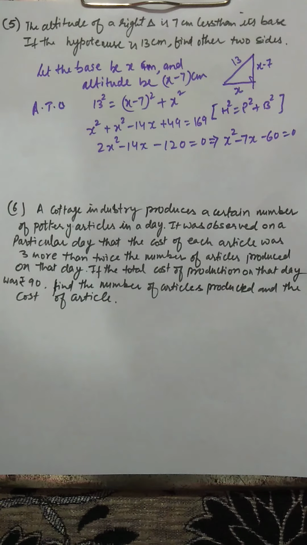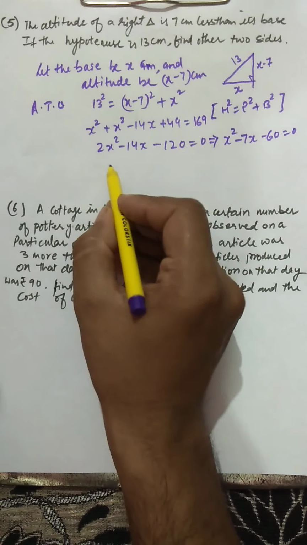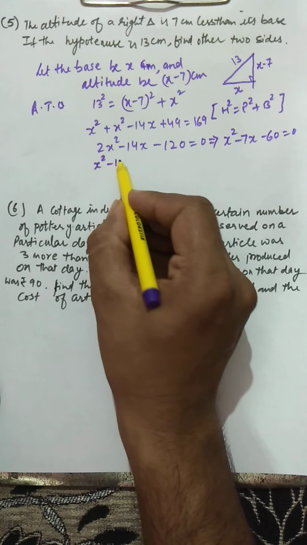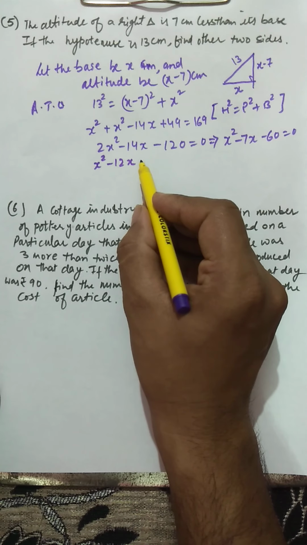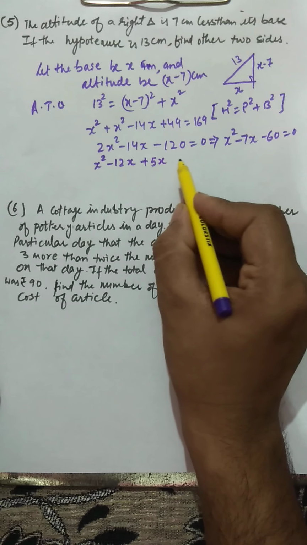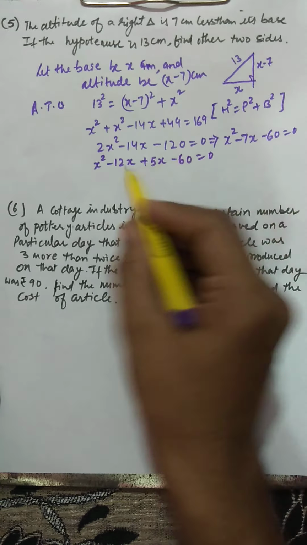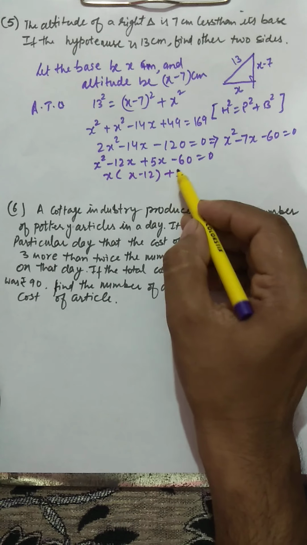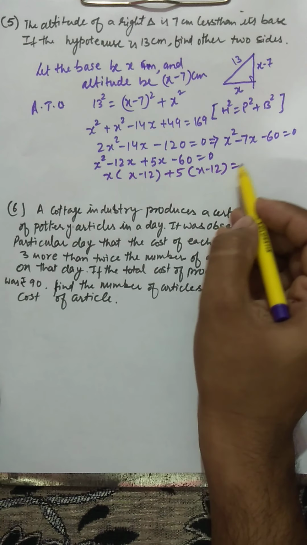So splitting 60, you see what can be the splitting numbers. So this very small number can be thought orally like this: x square minus 12x plus 5x, since 12 fives are 60. So this is minus 60 equal to 0. So you are going to get x minus 12 into x plus 5 equal to 0.